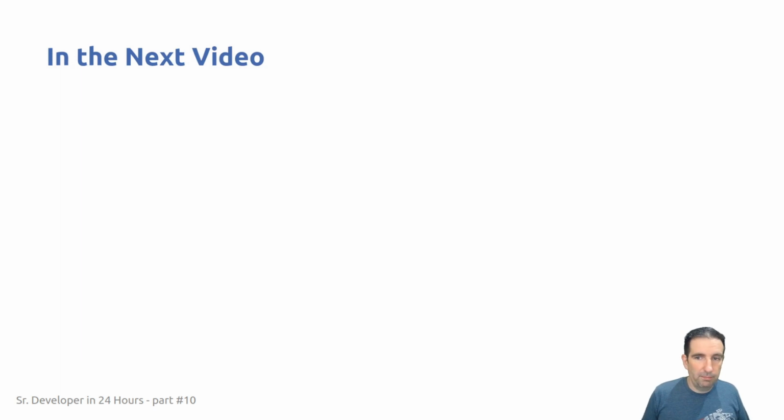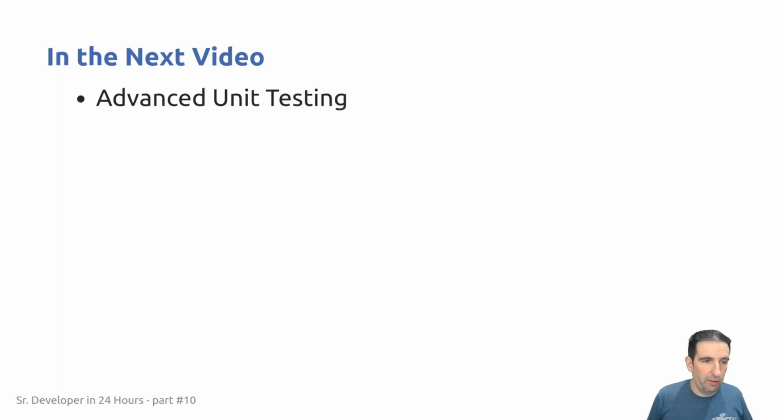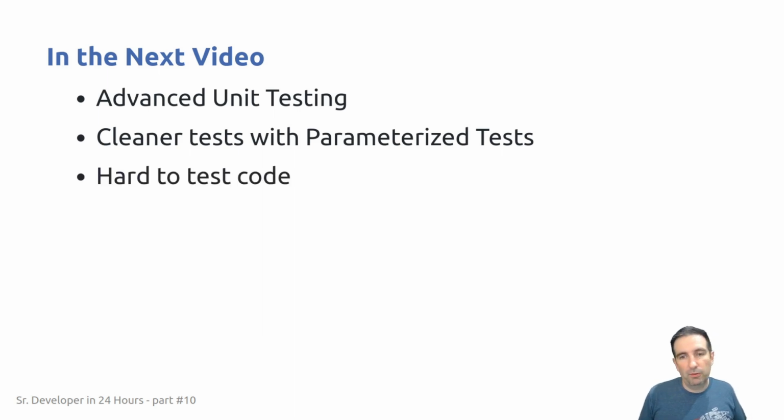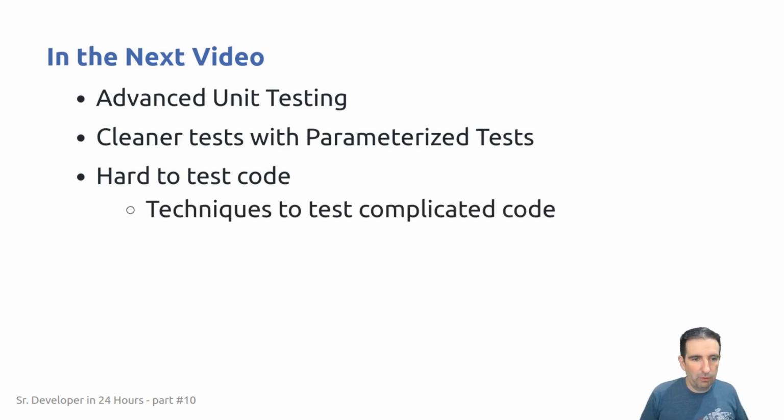So in the next video, we're going to talk about some more advanced unit testing techniques. We're going to talk about how we can create cleaner tests using parameterized tests. We're also going to talk about what is hard to test code, how can we identify it, and what are some of the techniques that we can use to test this complicated code.